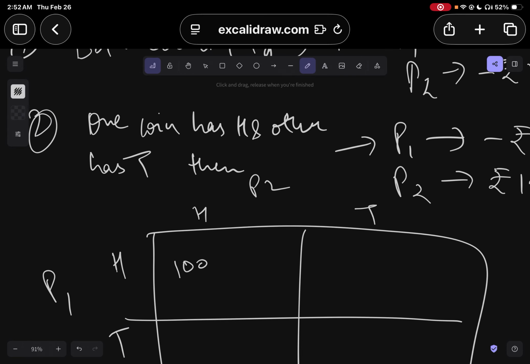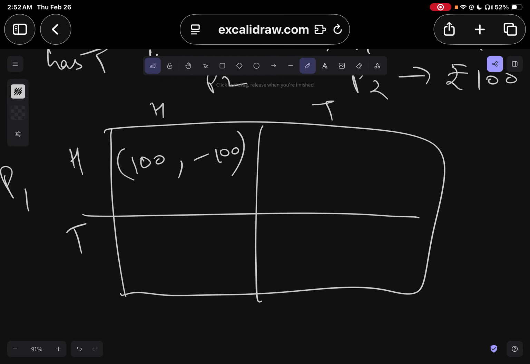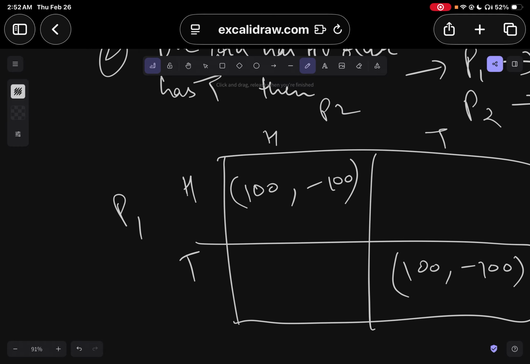I was also thinking all this time, how is this a game? If both of them get heads, then player 2 has to give 100, and similarly this would happen here as well. But in the other case, player 1 will give rupees 100 and player 2 will get rupees 100.